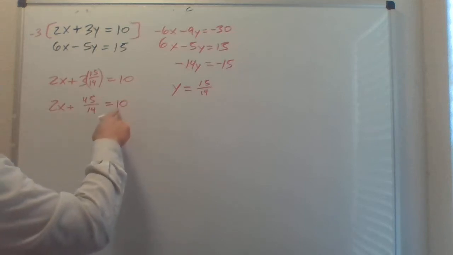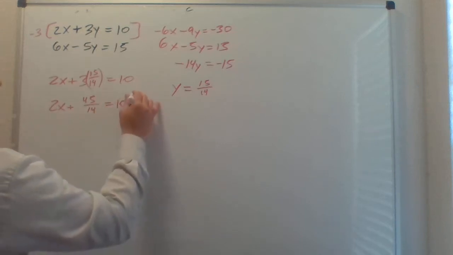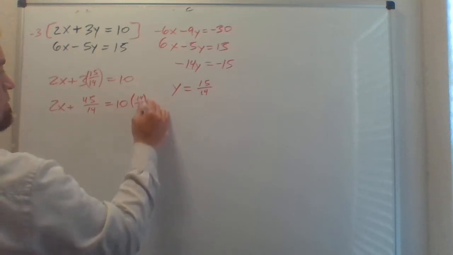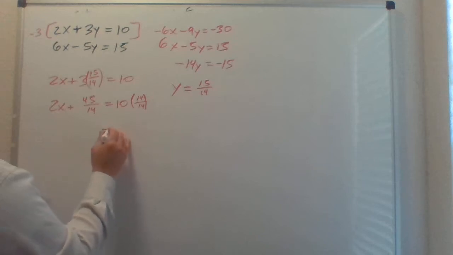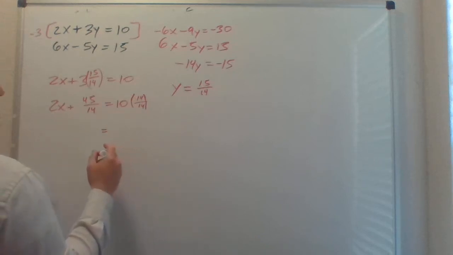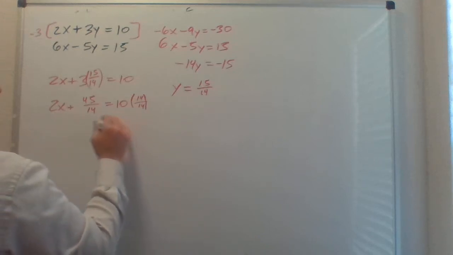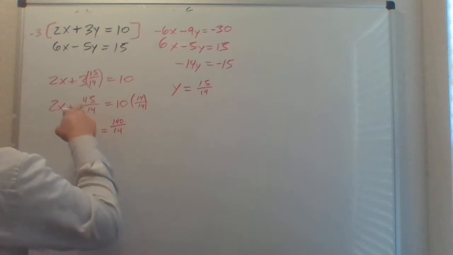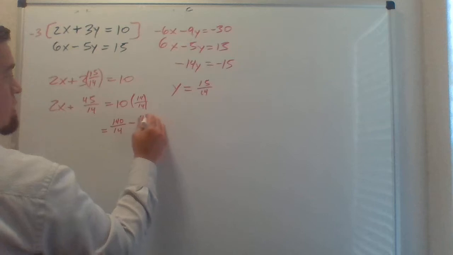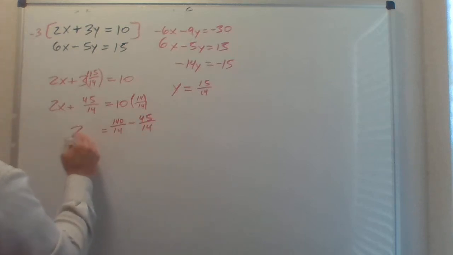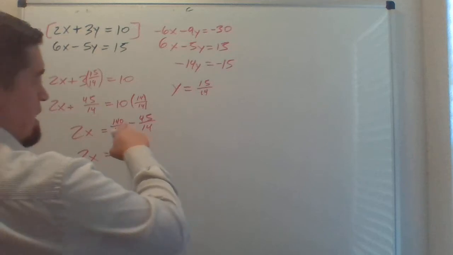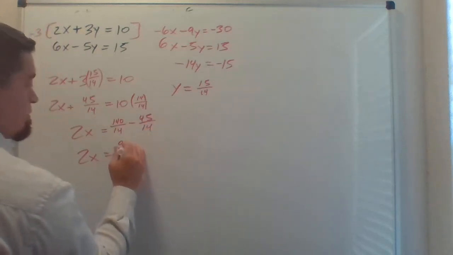I'm probably going to want this to be common denominators with that, so I should multiply this by 14 over 14, and that'll give me 140 over 14. So subtract 140 over 14, subtract that from 45 over 14. And that's going to give me 95 over 14.